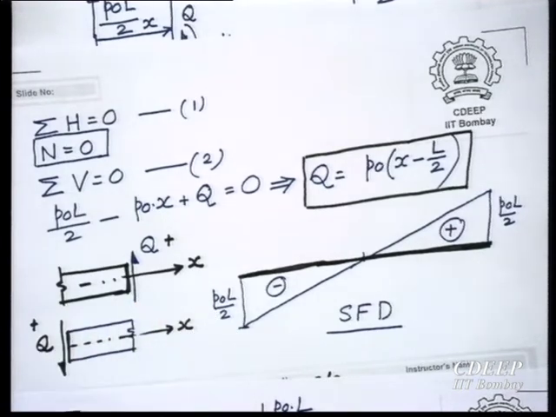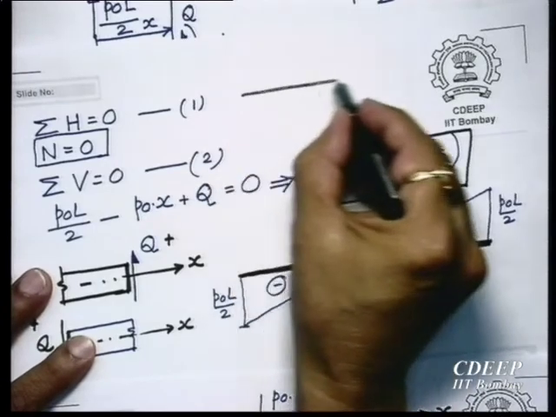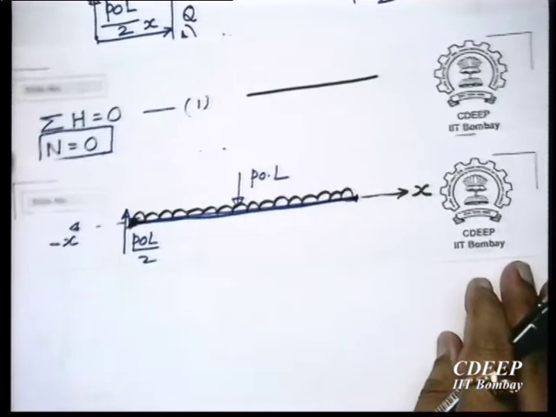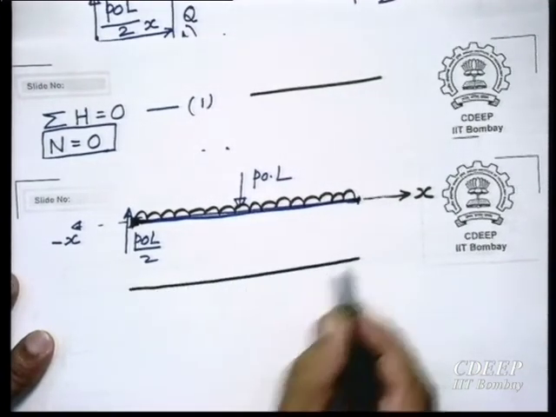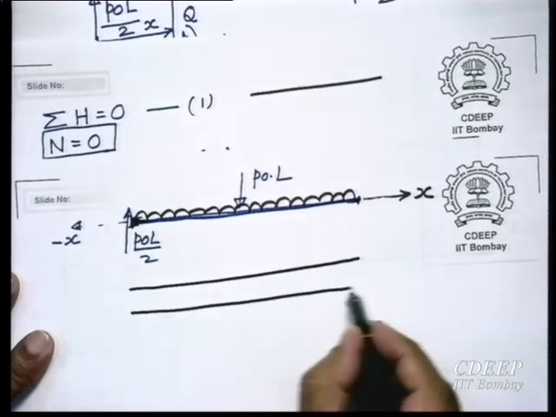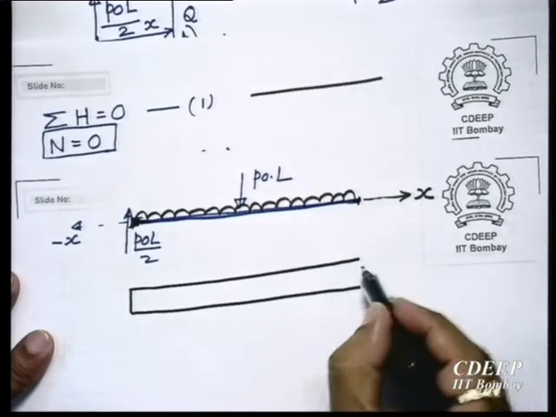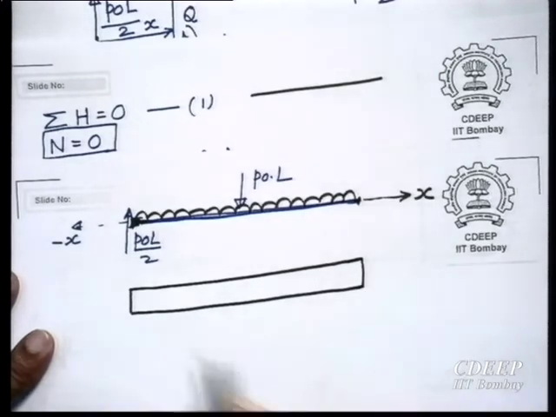See, if you cut a member, because if you do not understand this, you will never understand. If you do not understand it now, let me draw it once more. Now I am showing also the depth.